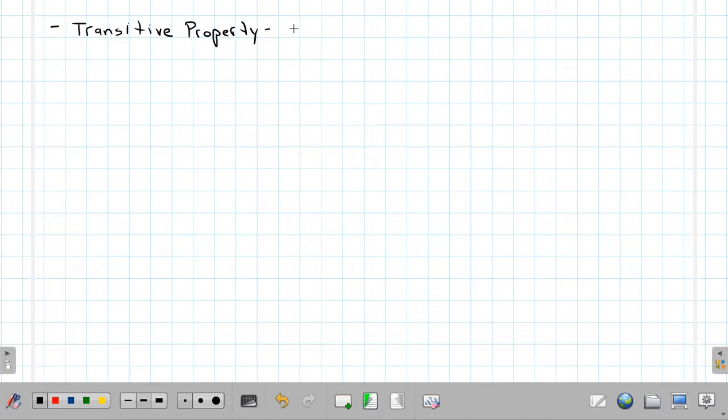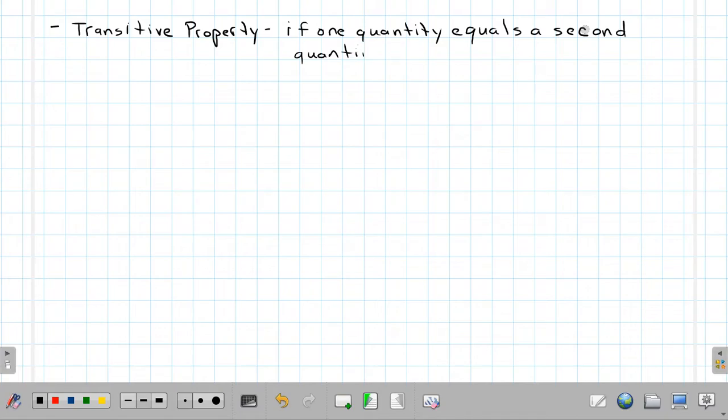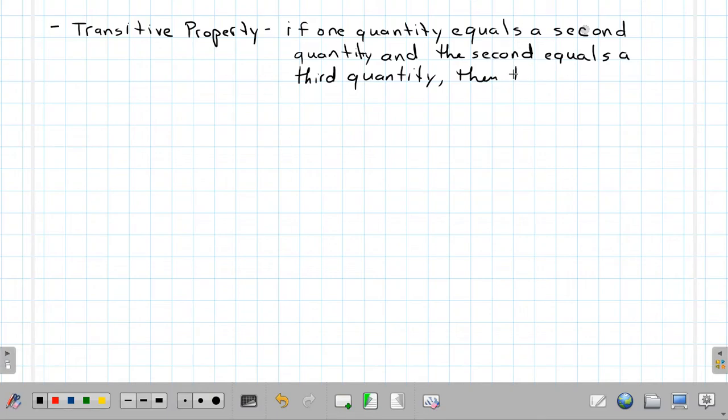And what the transitive property tells us is if one quantity equals a second quantity, and the second quantity equals a third quantity, then the first quantity equals the third.